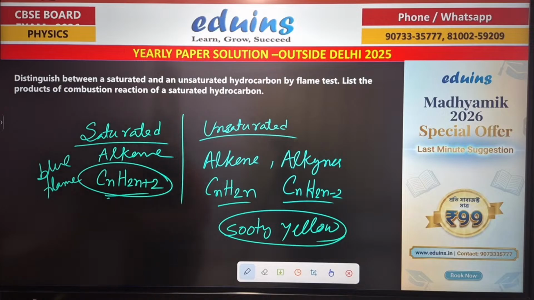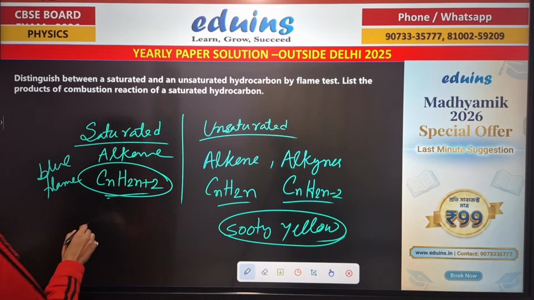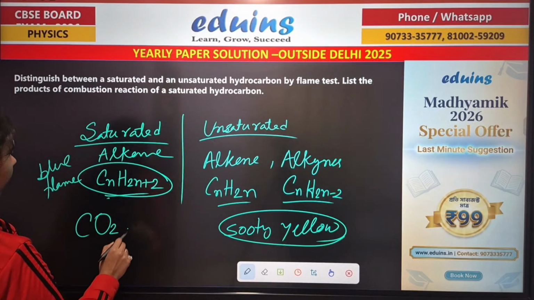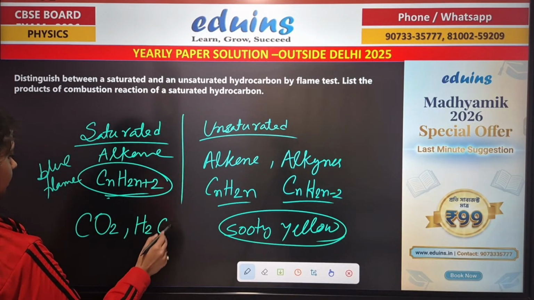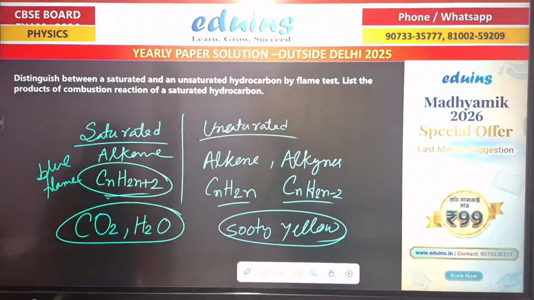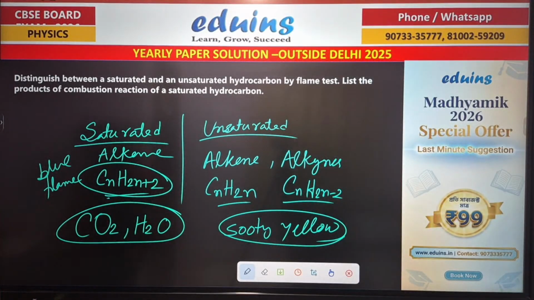And then the next question is: list the products of combustion reaction of a saturated hydrocarbon. So, after the reaction, a saturated hydrocarbon produces, on combustion, carbon dioxide and water. Okay, got it?